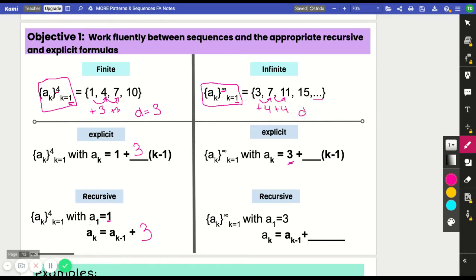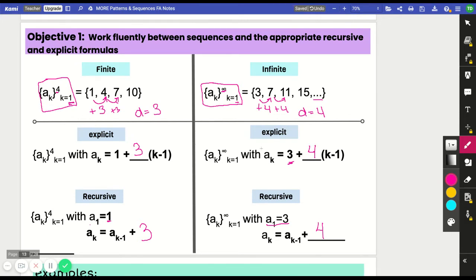So our common difference will be 4 here. So we're going to put 4 times the previous term number. Recursive, state the first term. Then we take the previous term and we add that to our common difference, which is 4.